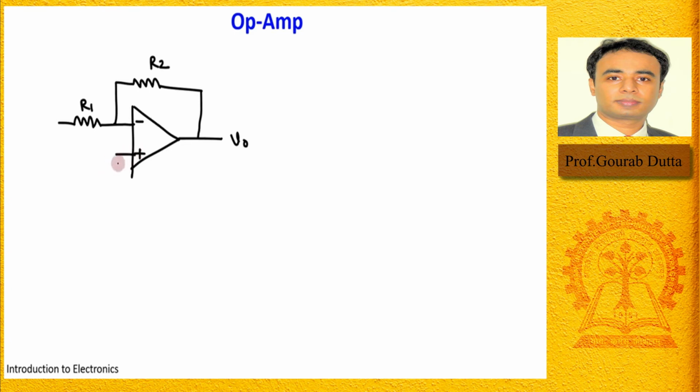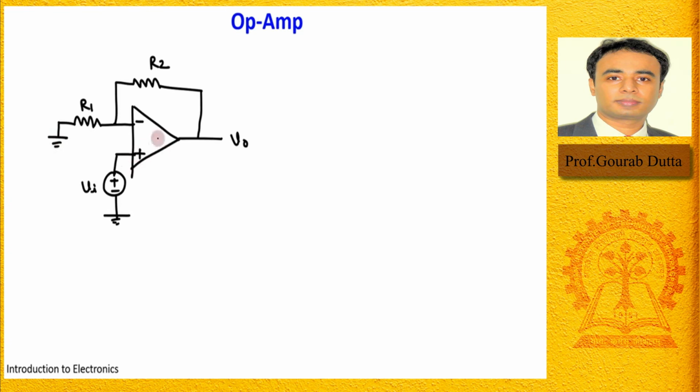And this part was grounded. But here now we are applying the signal Vi to the non-inverting terminal, and this terminal, this R1, where we used to apply the signal, we are now making ground, right?